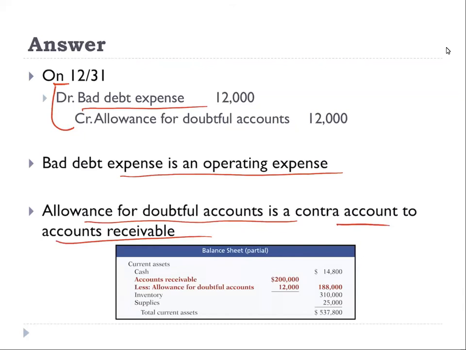So on the firm's financial statement, the number which is reported is net accounts receivable, which equals total accounts receivable minus allowance for doubtful accounts. So this is the first journal entry.